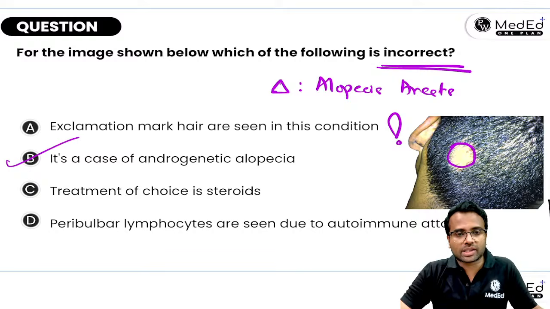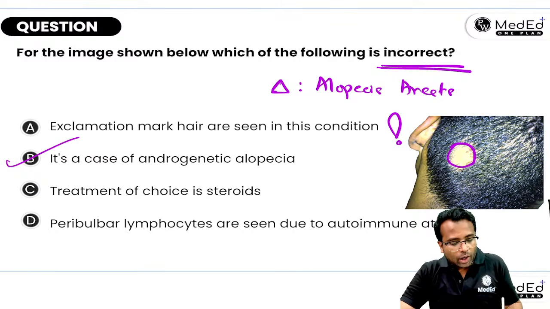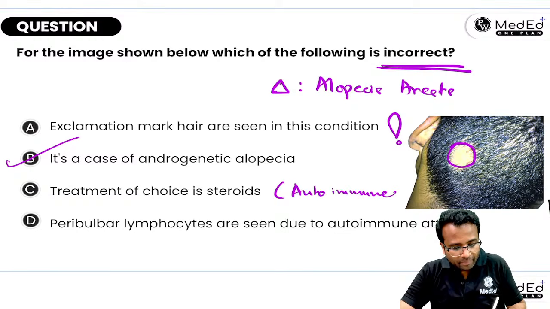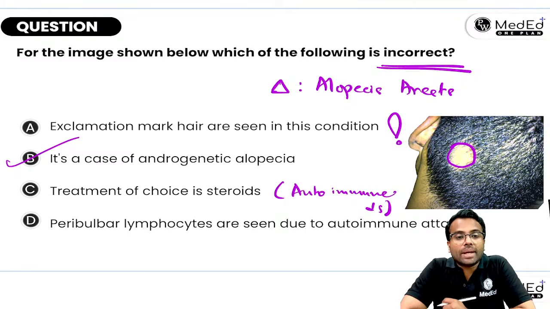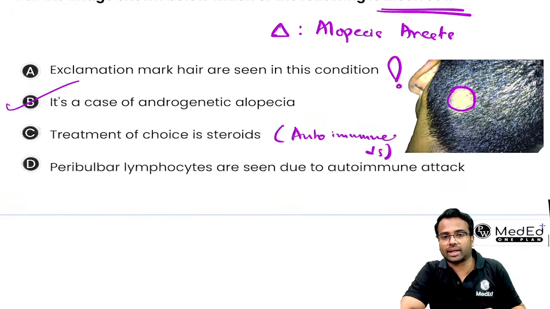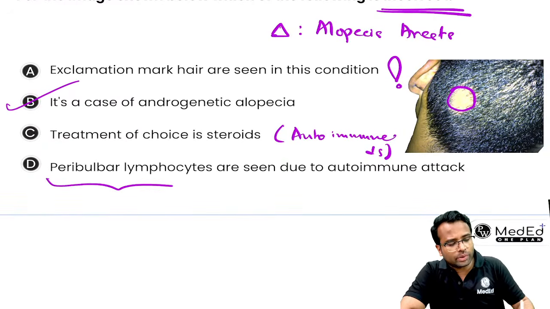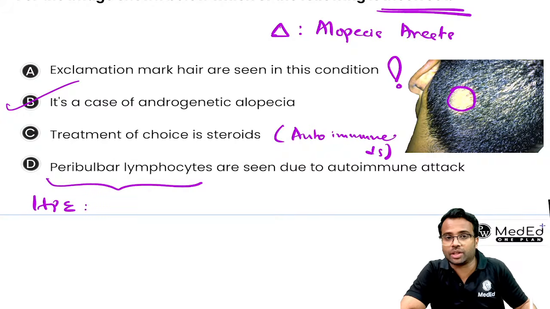Let us also read the next options. Treatment of choice is steroids, because alopecia areata is an autoimmune disease. We can definitely use steroids for the management. Peribulbar lymphocytes are seen due to autoimmune attack. Yes, it can be seen. That is why, in the histopathological examination of alopecia areata, what can you see?